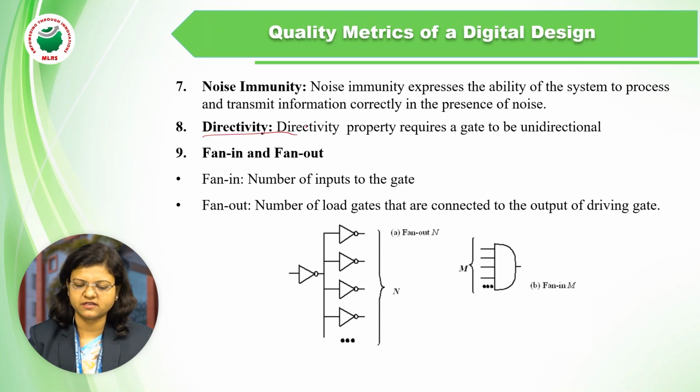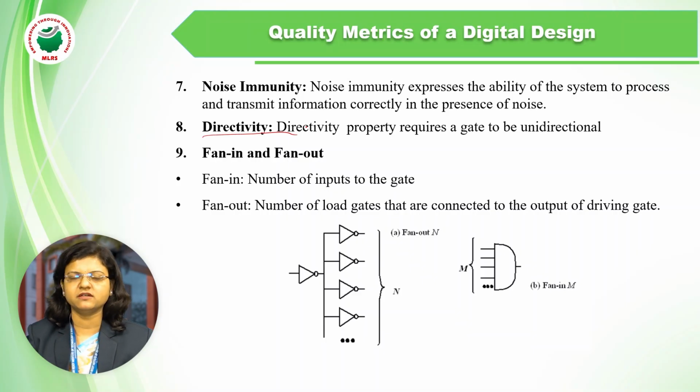Then another is directivity. The directivity property requires the gate to be unidirectional. In the sense that it should give the output whenever there are transitions in the input. Otherwise, if no input is given, it should not give the output. So that means it should be unidirectional, and we get the output whenever there is activity in the input, otherwise not.